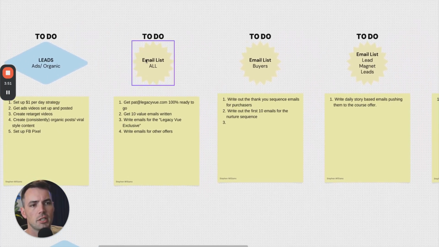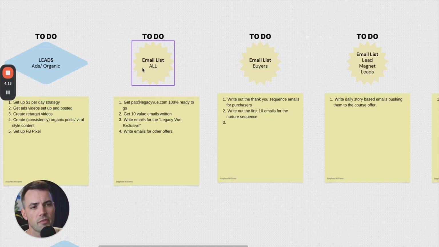Next is the to-do list for your all email list, which is going to be your entire list. That's going to be your value, almost like a newsletter kind of strategy, because if it's your entire list, that means you've got buyers, you've got people that almost buy, you've got people that are thinking about buying, you've got people that have no interest. So it's kind of like this all-encompassing list, and you want to speak to them in a certain way.